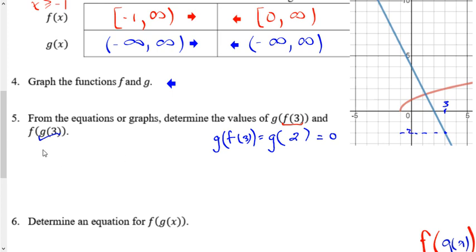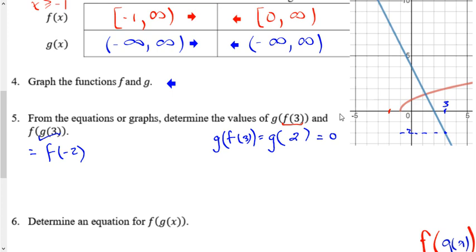So this is going to equal f of negative 2. So then I look over here, let's switch to red, and I see when x is negative 2, what is my y value on the red function? Oh, well, it's not defined.